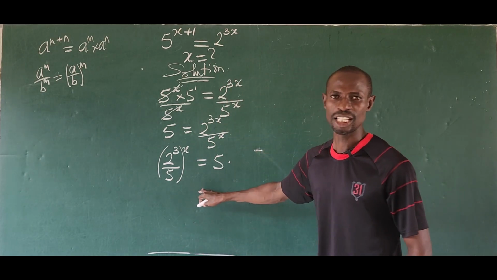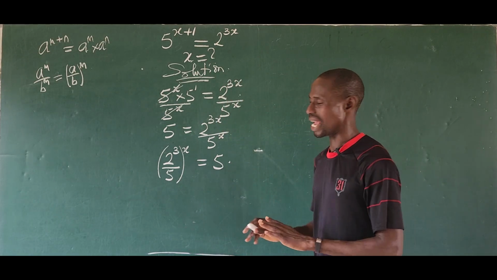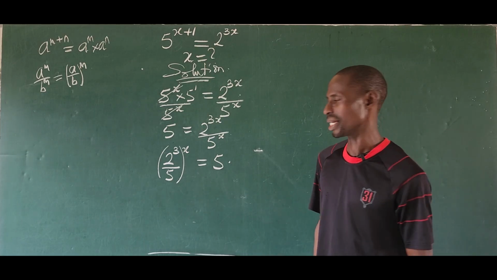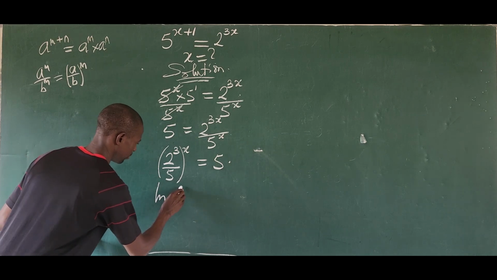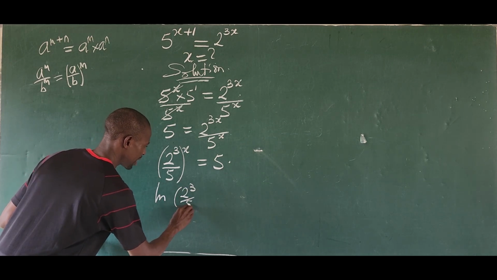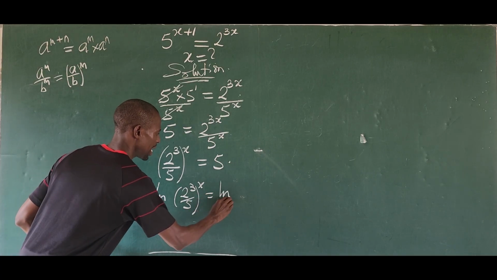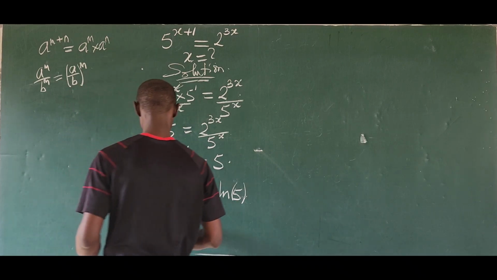At this point, we just have to either take log to base 10 or ln of both sides of the equation. So let's take ln. We're going to have the ln of (2 to the power of 3 all over 5) all to the power of x, is equal to the ln of 5.